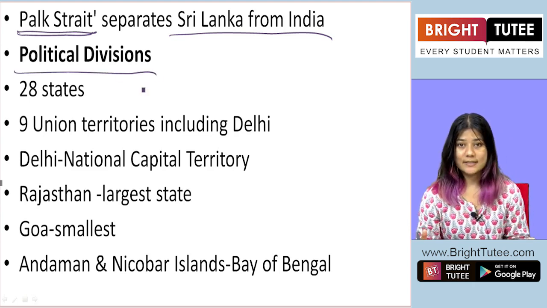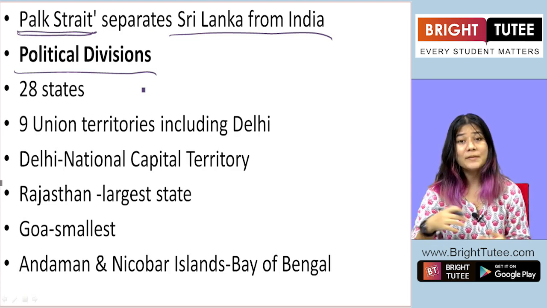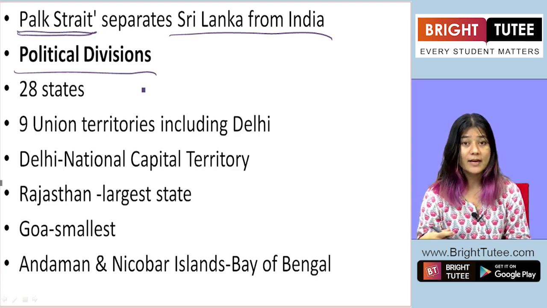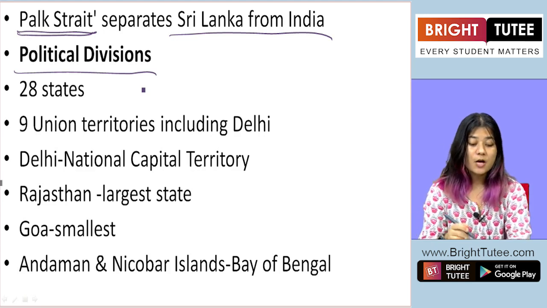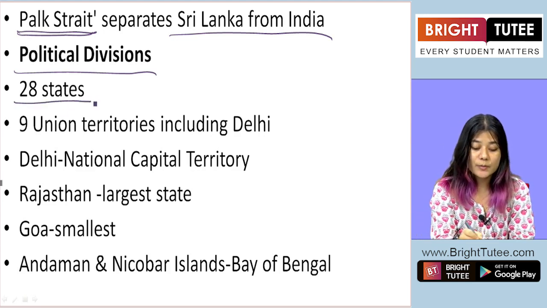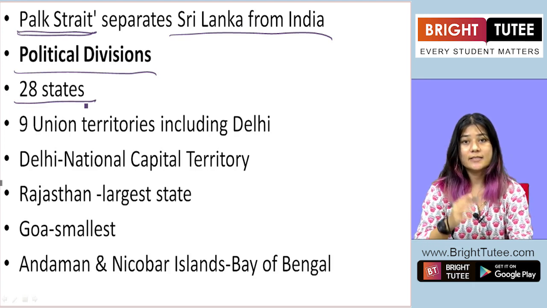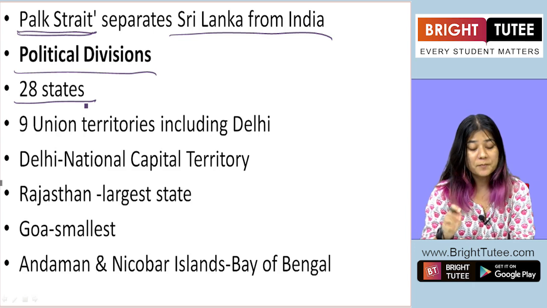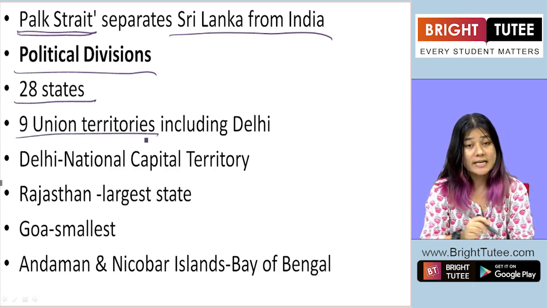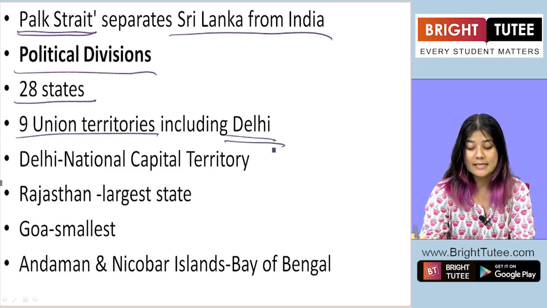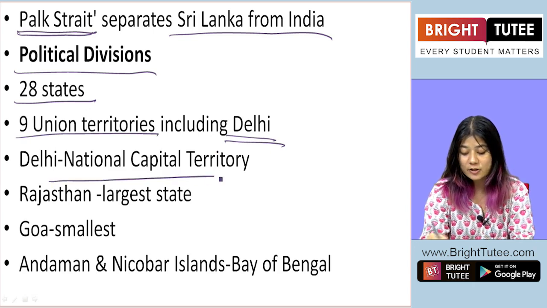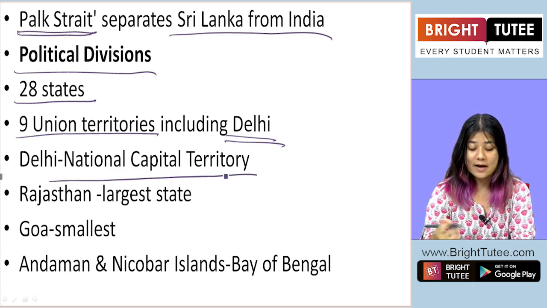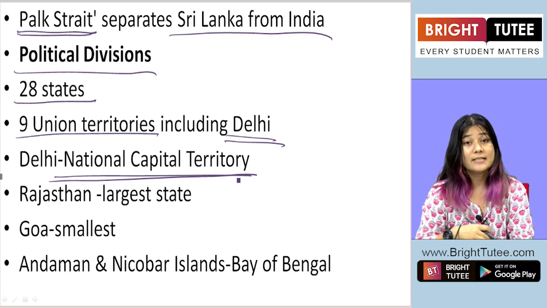Now let's look at the political division of our country. How is it divided? How many states are there? Are there only states or what are other divisions? India is divided into 28 states. Apart from this, there are 9 union territories, including Delhi, the national capital territory.